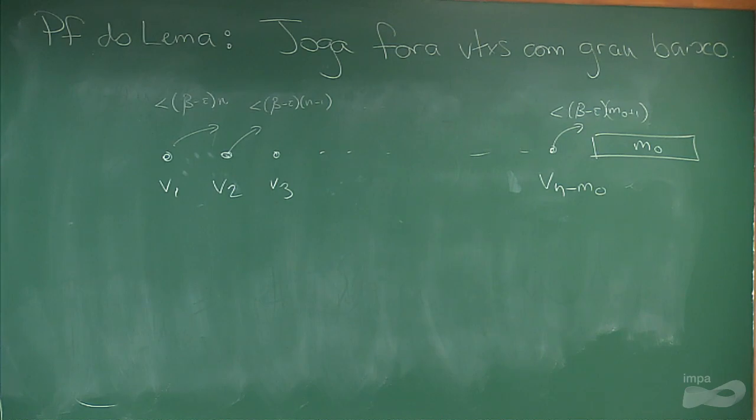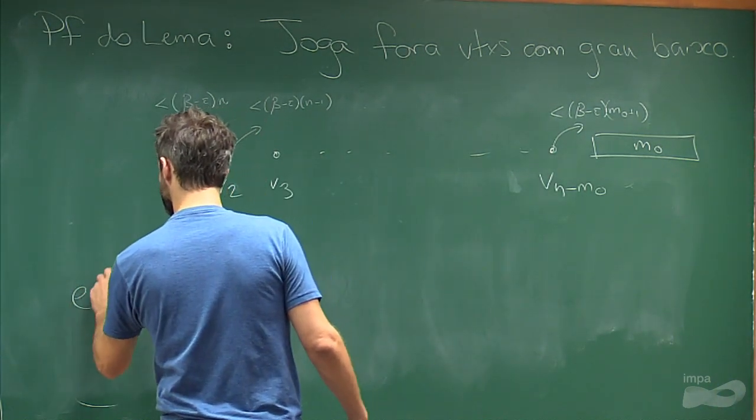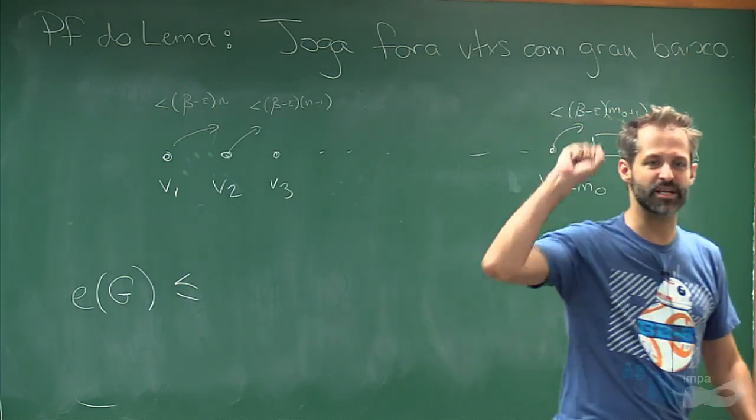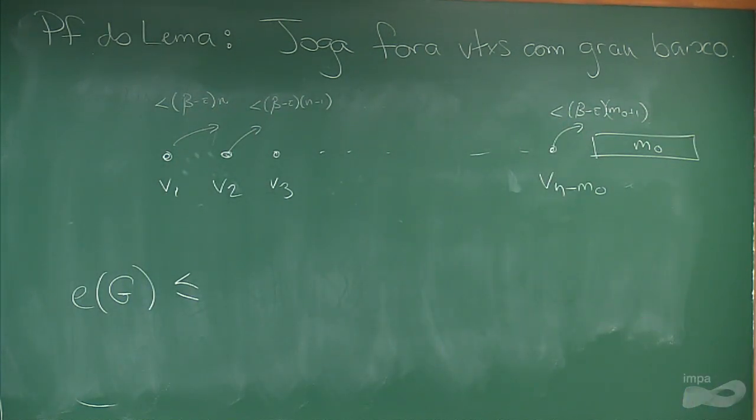So how many edges does this graph have? Just count them. The number of edges of G is at most: vertex 1 sends forward at most beta minus epsilon times n, vertex 2 sends forward at most beta minus epsilon times n minus 1.